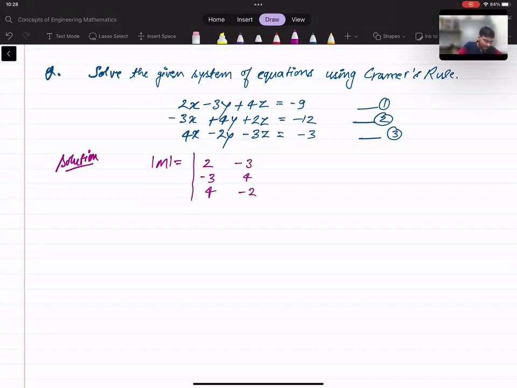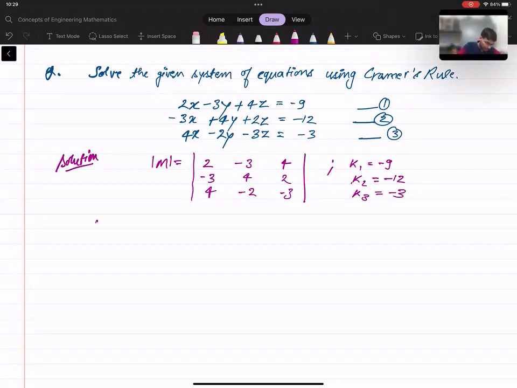The first column is x coefficients, second column is coefficients of y, and third will be 4, 2 and minus 3. Okay. Also we have k1, k2 and k3. So k1 is minus 9 here, k2 is minus 12, and k3 is minus 3. So we know that for Cramer's rule we need to find the determinant m, and then we will replace the coefficients respectively to find the unknowns. Okay, so let us first see the value of determinant m.